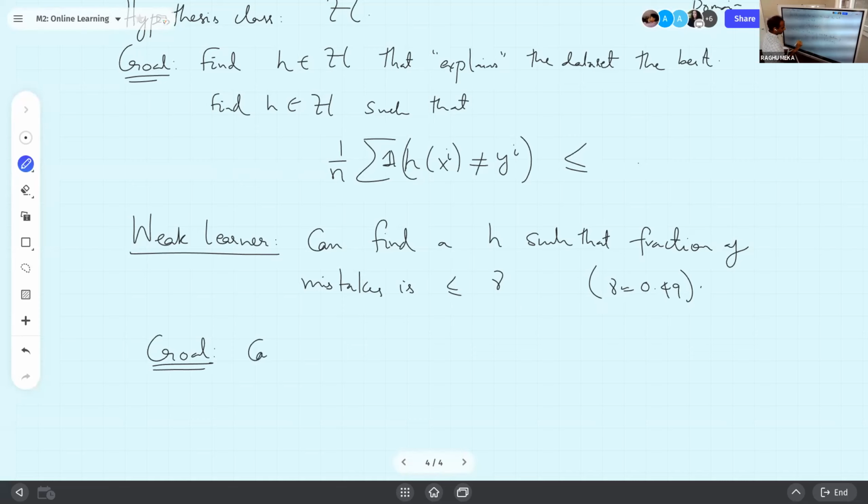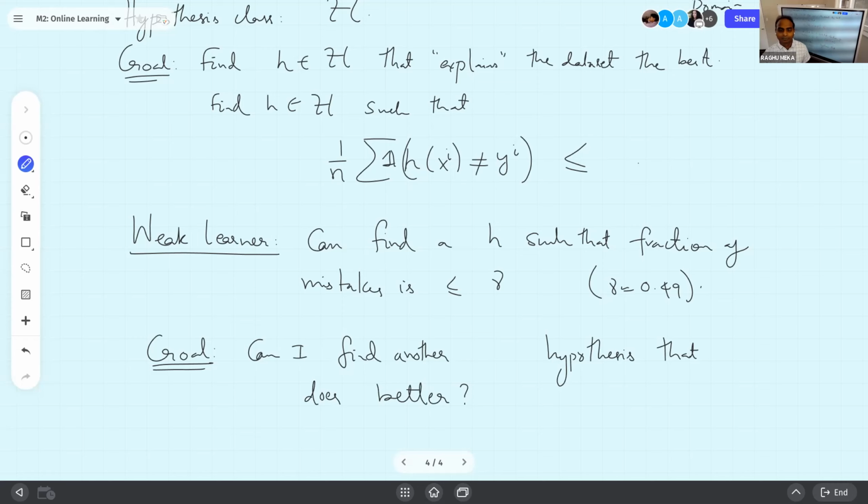And the goal is, can I find another hypothesis that does better? Okay, does this question make sense? I mean, it seems silly to ask this question even, right?